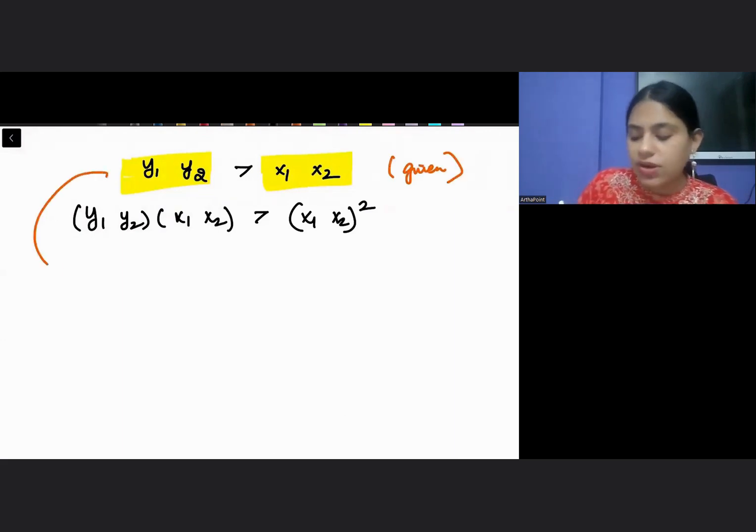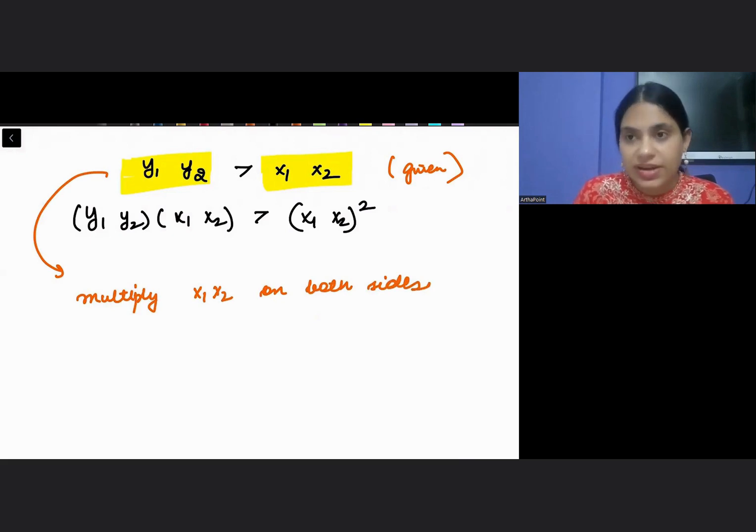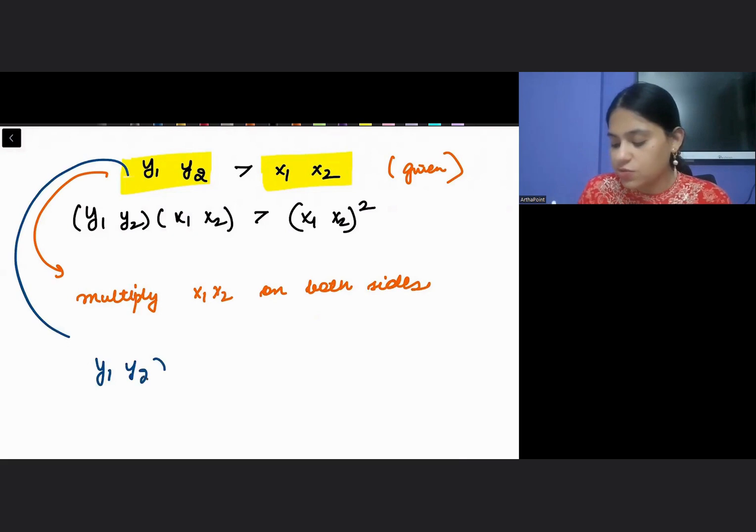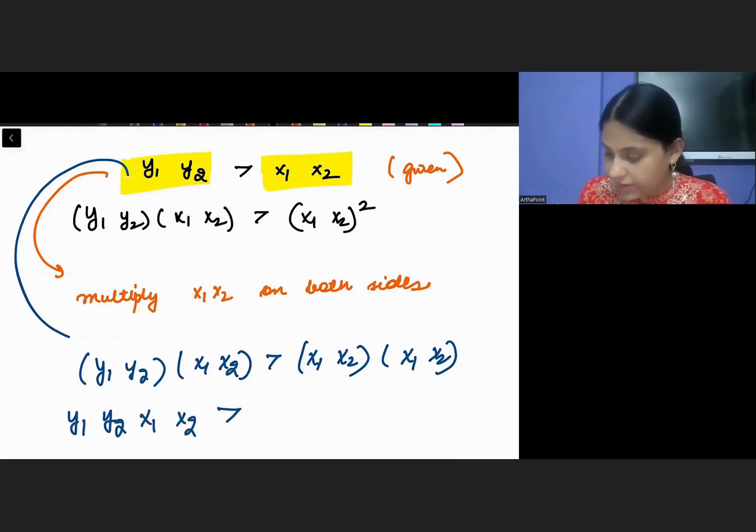So then what you do is you multiply x1 x2 on both sides. So if you multiply x1 x2 on both sides, what will you get? y1 y2 into x1 x2 greater than x1 x2 into x1 x2. So you will be getting y1 y2 into x1 x2 greater than x1 x2 whole square.